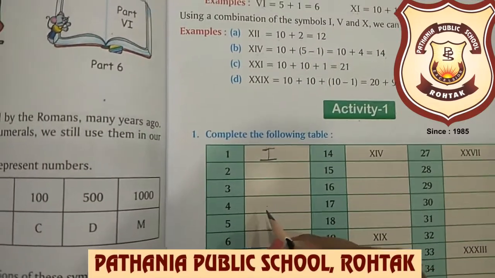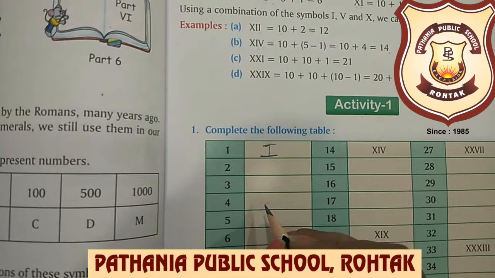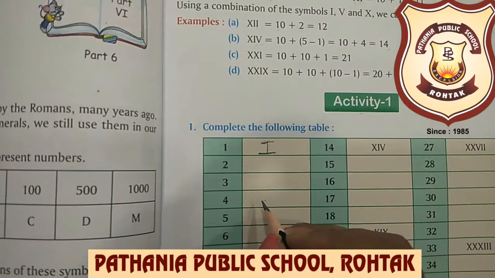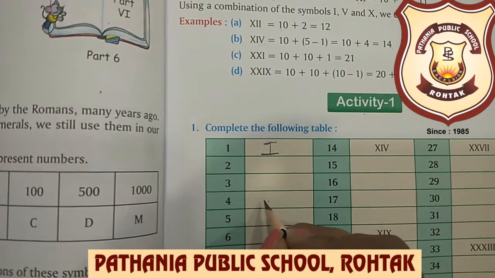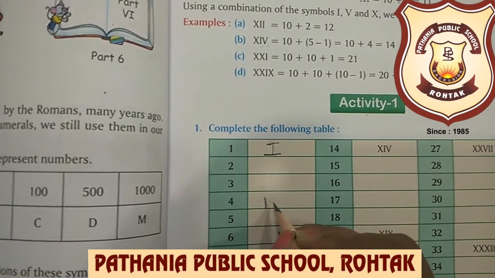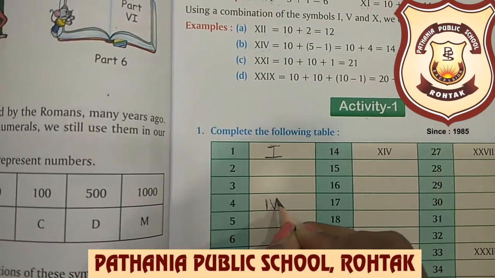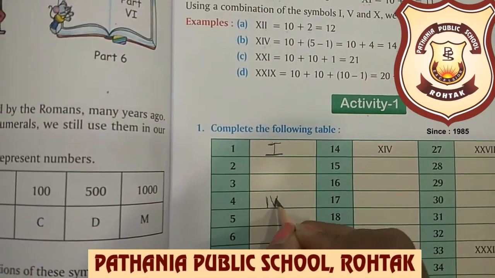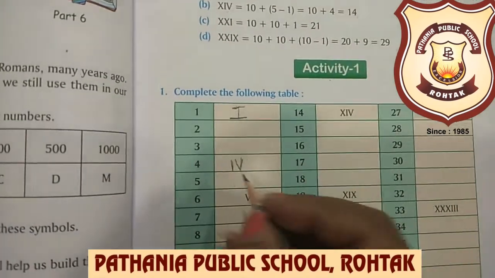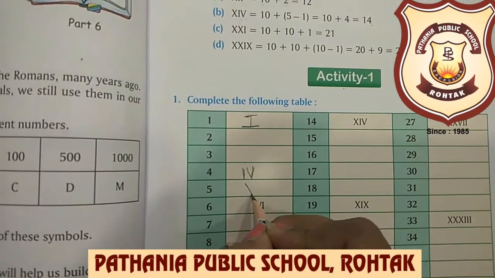So 4 will be 5 minus 1. And what will be the position of the smaller symbol to get subtracted? Yes, it should be on the left side. So first we will write I, then we will write V. IV. This means I is being subtracted from V. So it is 4.